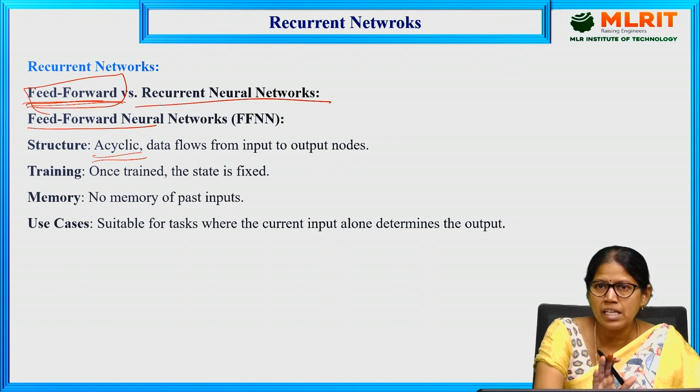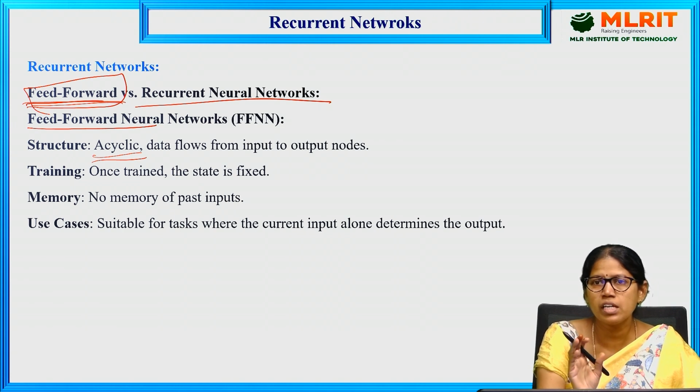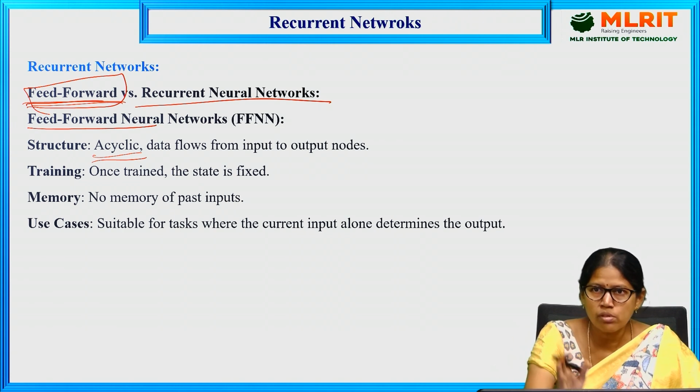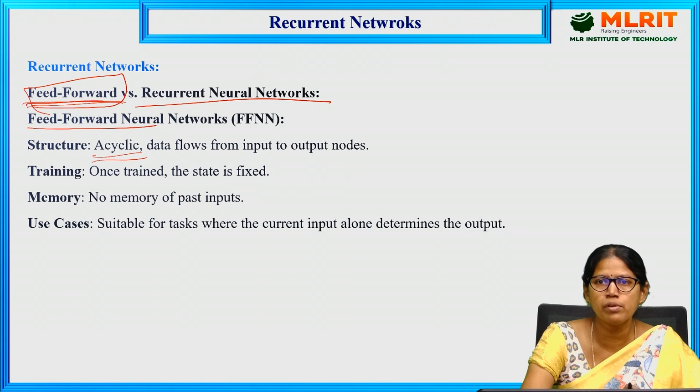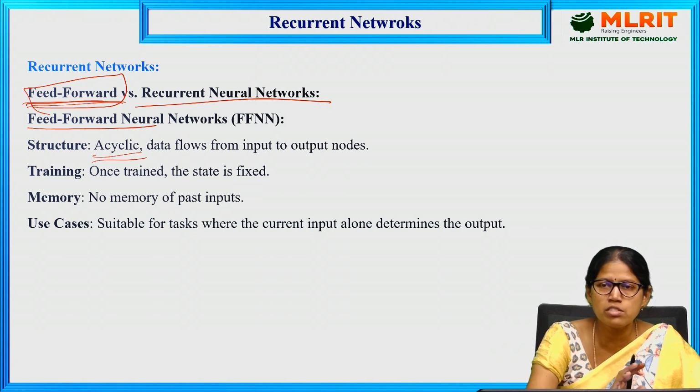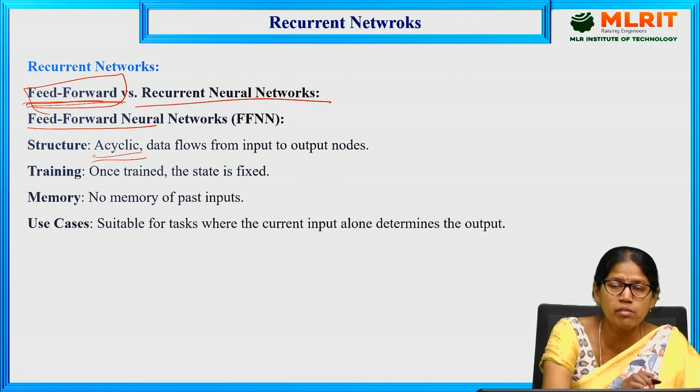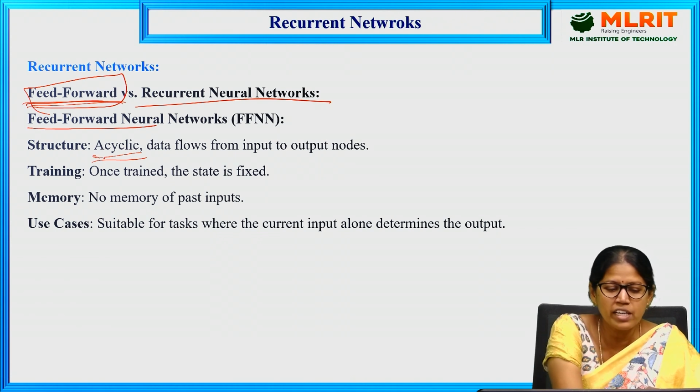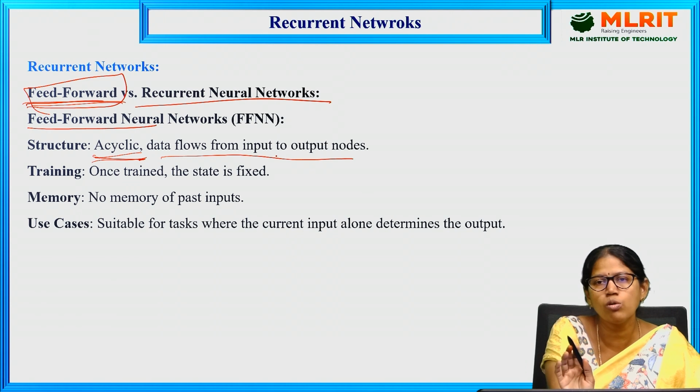In the multi-layer feed-forward network also, it goes from input node to hidden node to output node. It is not like the output node goes directly back to the input node. There is no such connection in the feed-forward network. So it is acyclic and data flows from input to output nodes.